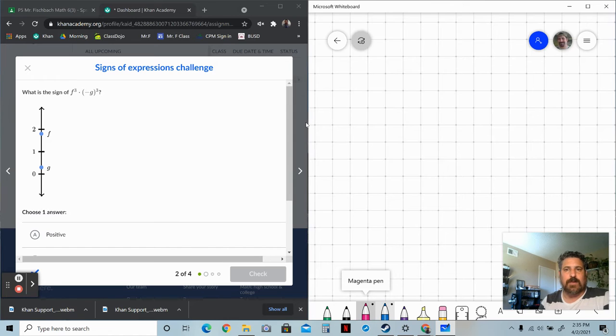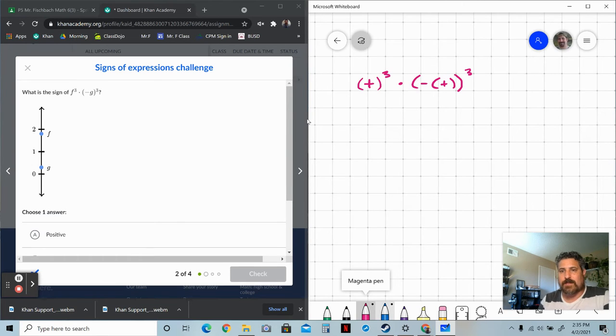All you really need to pay attention to here is that f is positive, and so is g. So you have a positive to the third power, and you're multiplying that by negative g, where g is a positive, right? A negative times a positive, all of that raised to the third power.